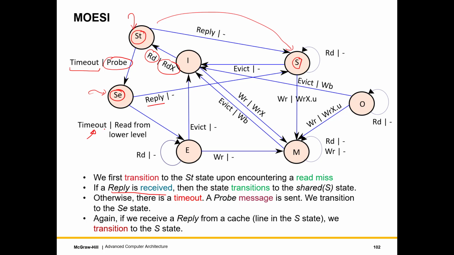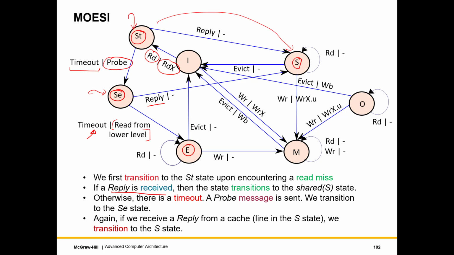Otherwise, if there is a timeout, which means that the rest of the caches do not have a copy, then there is a need to read the block from the lower level, and we transition to the E state, or the exclusive state. All right. Because there has been a read from the lower level, a transition to the exclusive state is required, and the rest of the state diagram works the way that it used to work, right?